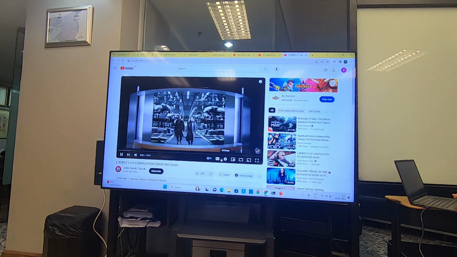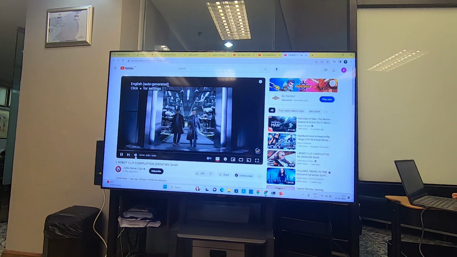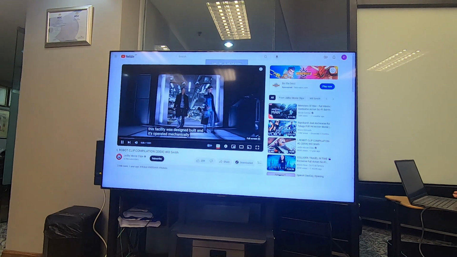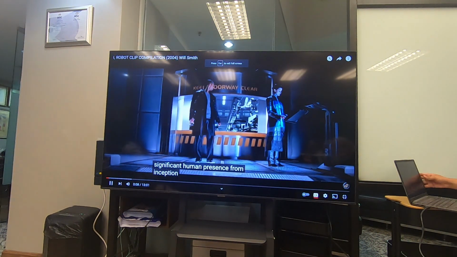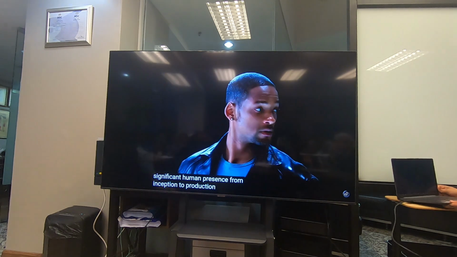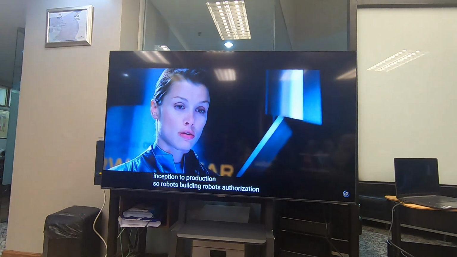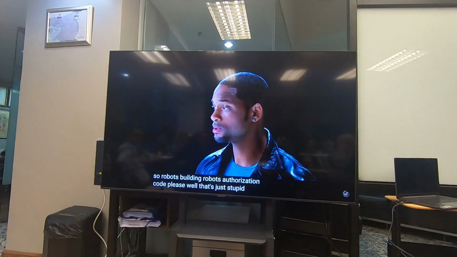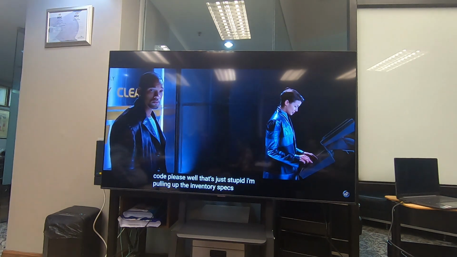So where's everybody? This facility was designed, built, and is operated mechanically. There's significant human presence from conception to production. Robots building robots. Organization increase. That's just stupid. I'm pulling up the inventory specs.